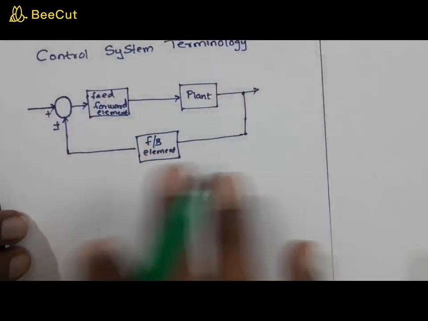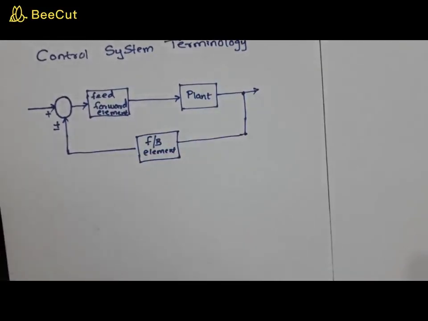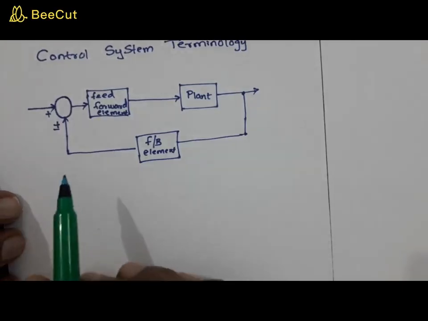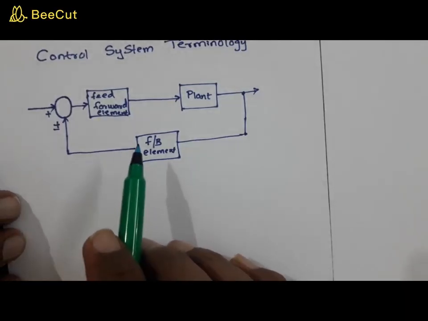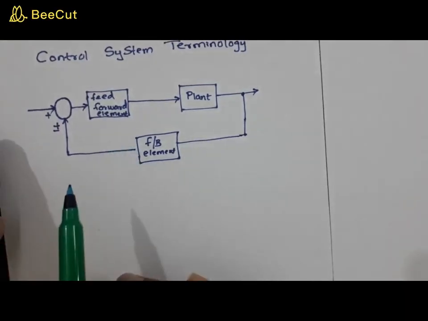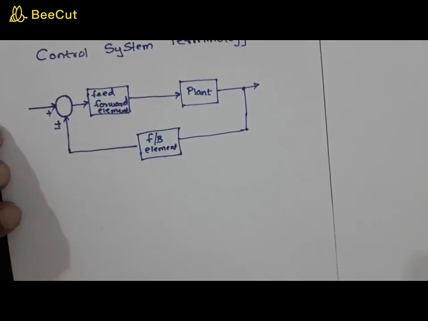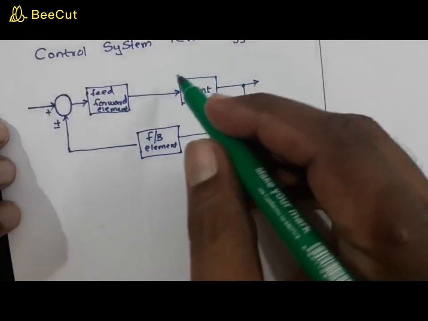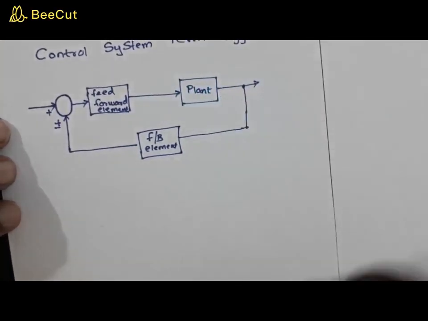So from this we are going to study the general terminologies associated with a control system. Now to start with, every time control system refers to controlling of something.